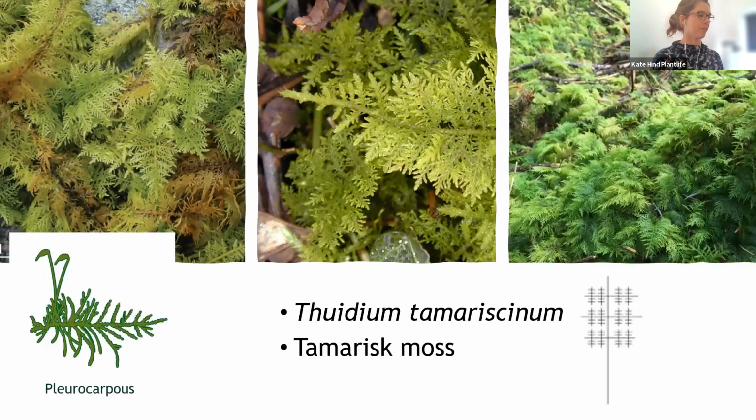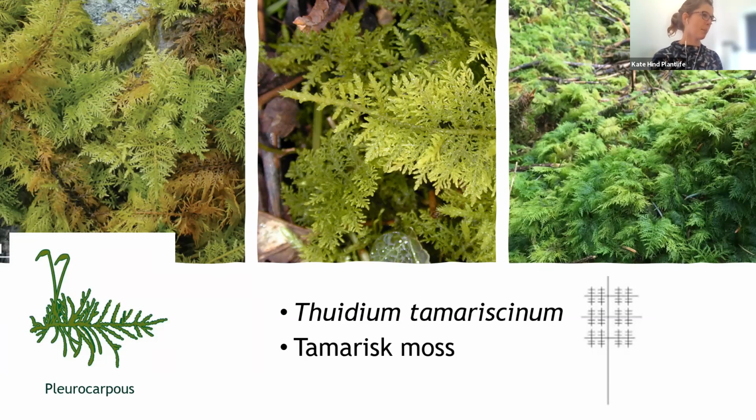The next one I have on here is an absolute favorite of mine. It's an Acrocarpus moss, and I really like it because it looks really fluffy and spongy, and if you needed to survive in the woods overnight, it'd be something lovely to lie on. It's called Tamarisk moss, or Thuidium tamariscinum, and like the ferns, this one is highly divided.